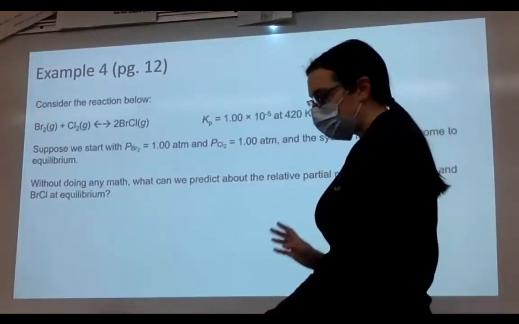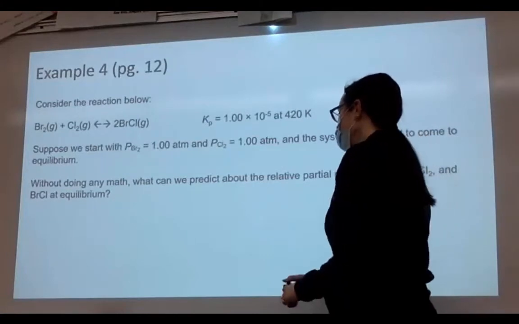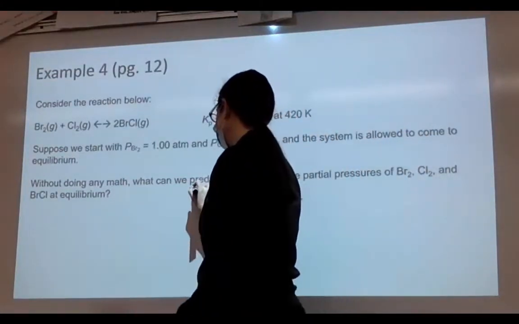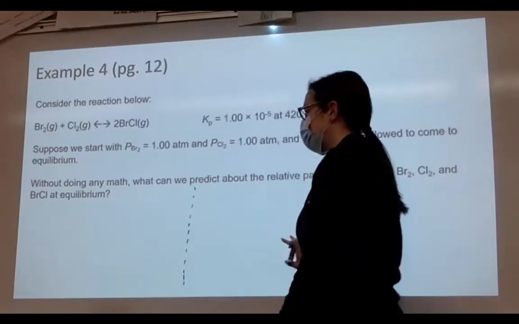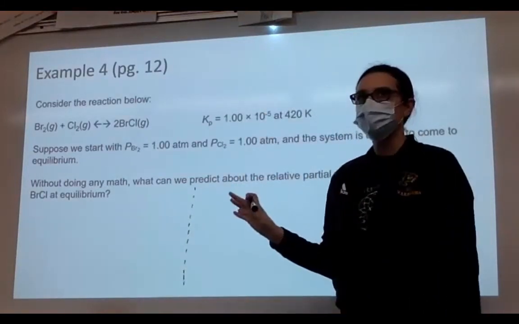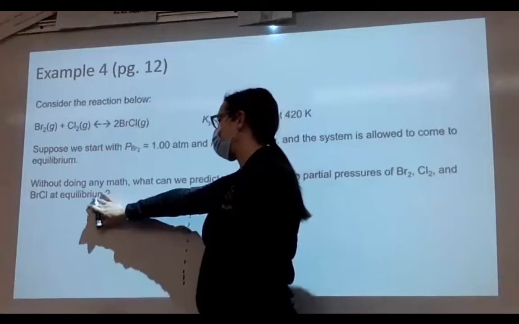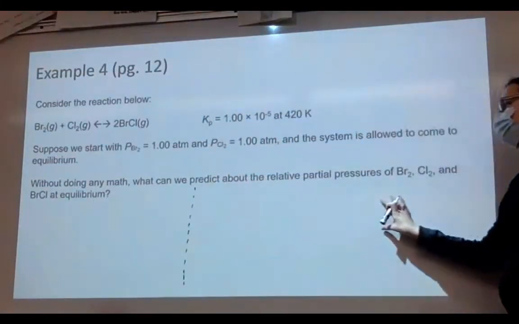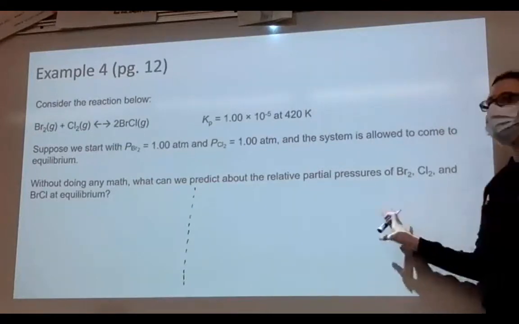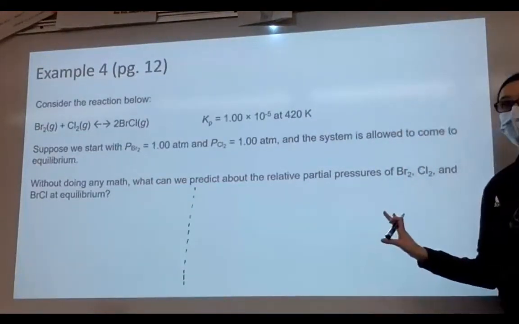Now here's what I'm going to recommend. I'm going to recommend that you split the question like this, not evenly. What we're going to do is answer the conceptual part over here on the left, and that's going to leave us lots of space over here on the right to do math.